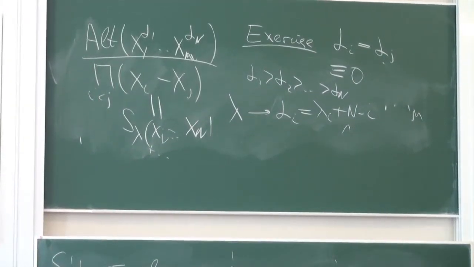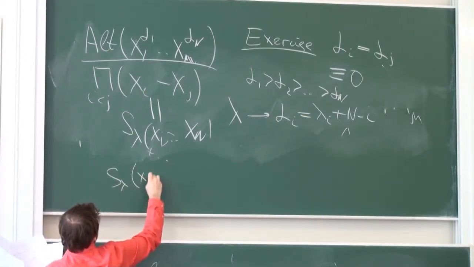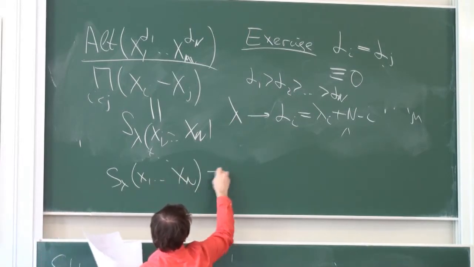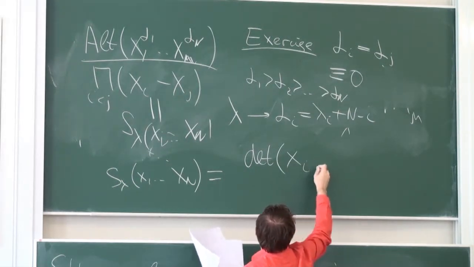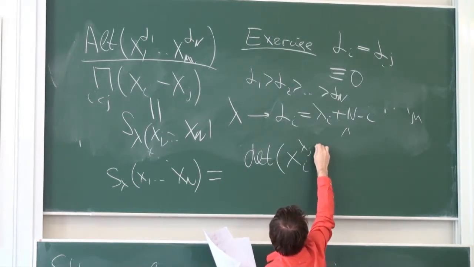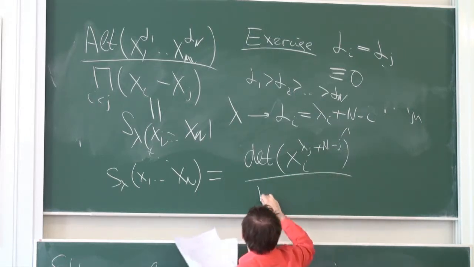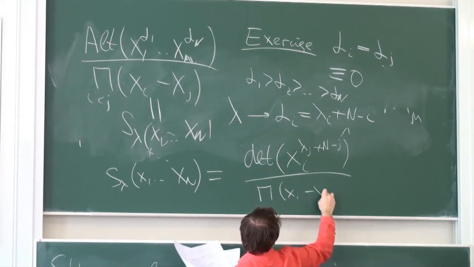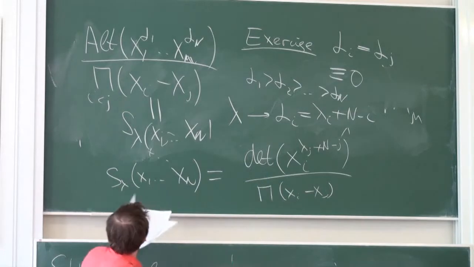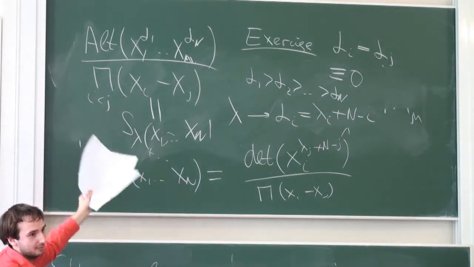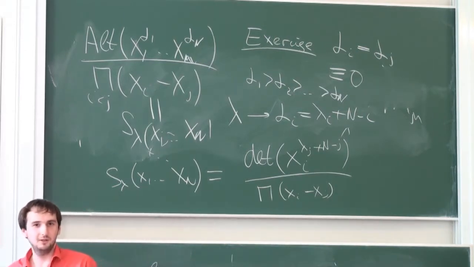Another way to write the same definition is the following: s lambda of x1 through xn is the determinant of xi to the power lambda j plus n minus j, divided by the product of xi minus xj. Here the determinant is of size n times n, and the determinant is the same as the alternant just by the definition of determinant. So is the definition of the Schur polynomial clear?